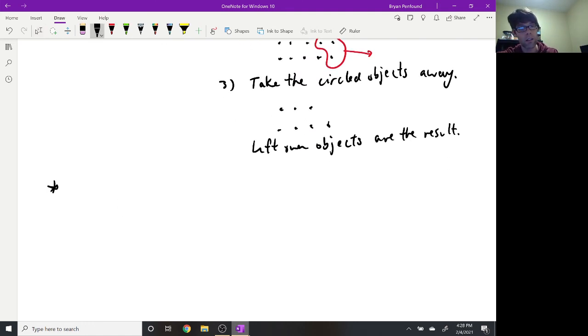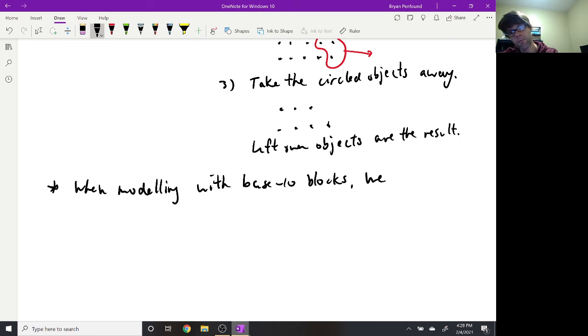So when we're modeling with base 10 blocks, we may need to regroup in order to ensure that we have enough blocks to actually take away.